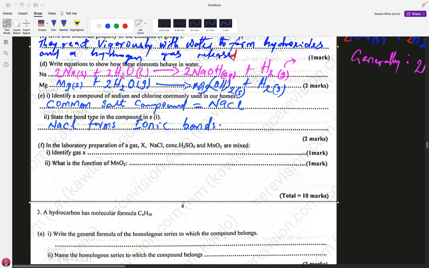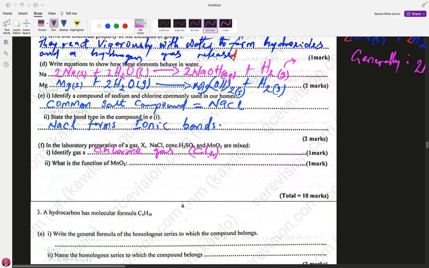So gas X is chlorine. Chlorine gas is being produced.